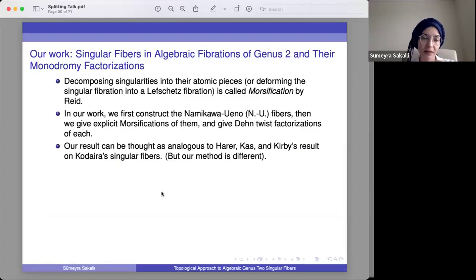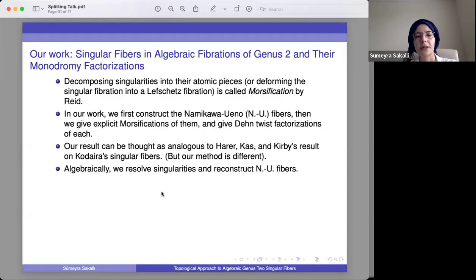Our result can be thought of as analogous to Hayano, Kas, and Kirby's results on Kodaira singular fibers. But again, we are on the genus 2 case here, and our method is also completely different from their method. Here we use contact and symplectic topology, and our approach is completely different from Hayano, Kas, and Kirby.